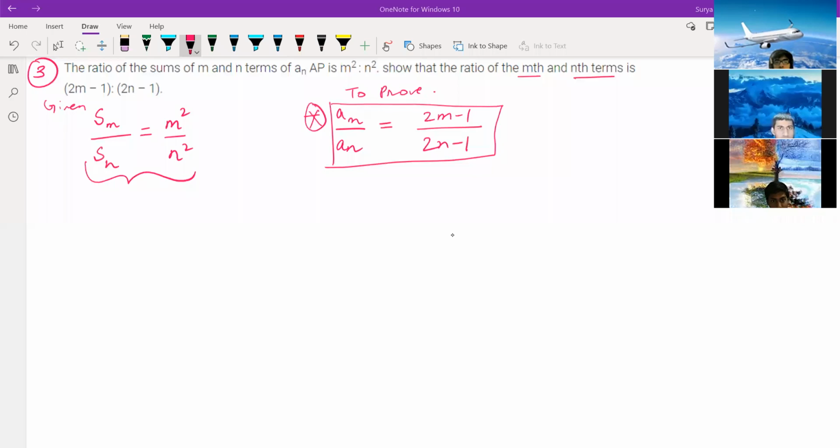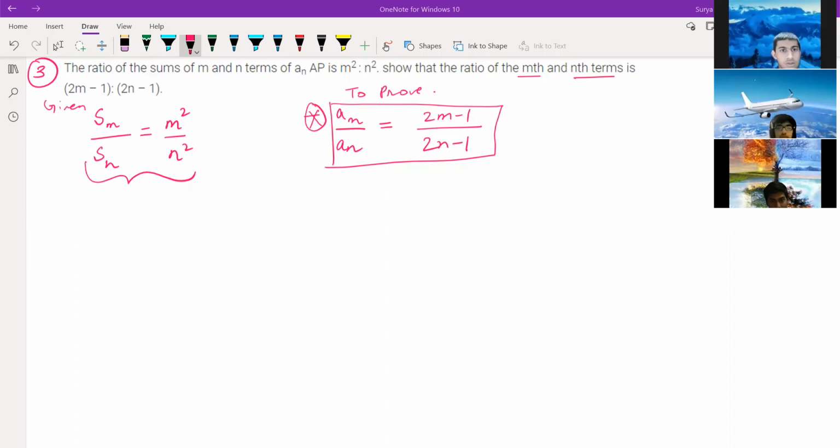You have to show that the ratio of mth and nth term is 2m minus 1 and 2n minus 1. Sir, I'm getting d equals to 2a. I don't know what to do next. What? I am getting d equals to 2a. Then after that, I don't know what to do. Okay, because that's another ratio. I don't know how to put it. d is equal to 2a we are getting.